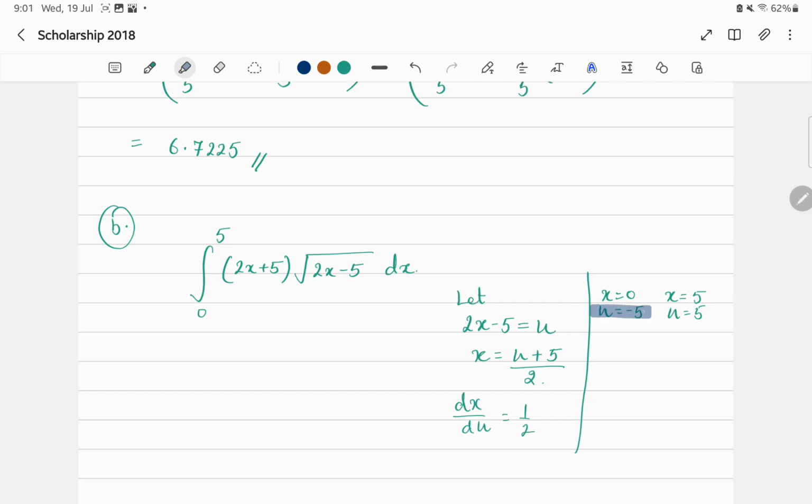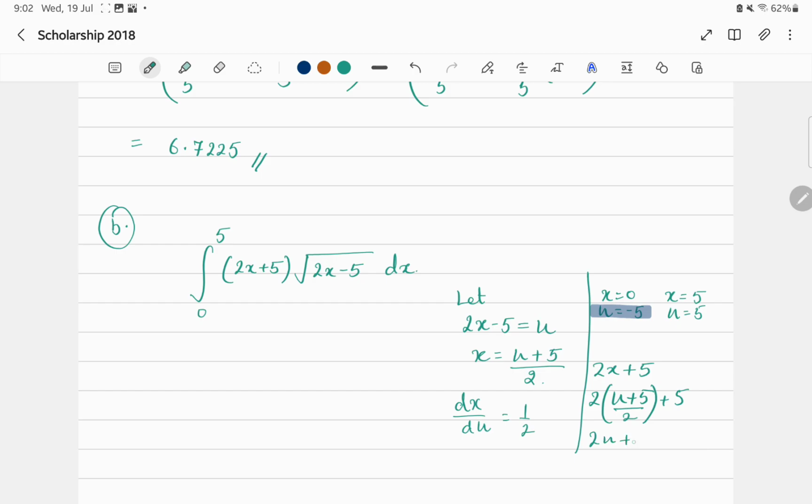That's all right, we can have it in negative, but it might create something for us to think about later. So let's go ahead and see what else we need. We need to substitute 2x plus 5, so let's find the value of 2x plus 5 in terms of u. That's going to be 2 times u plus 5 over 2, plus 5.